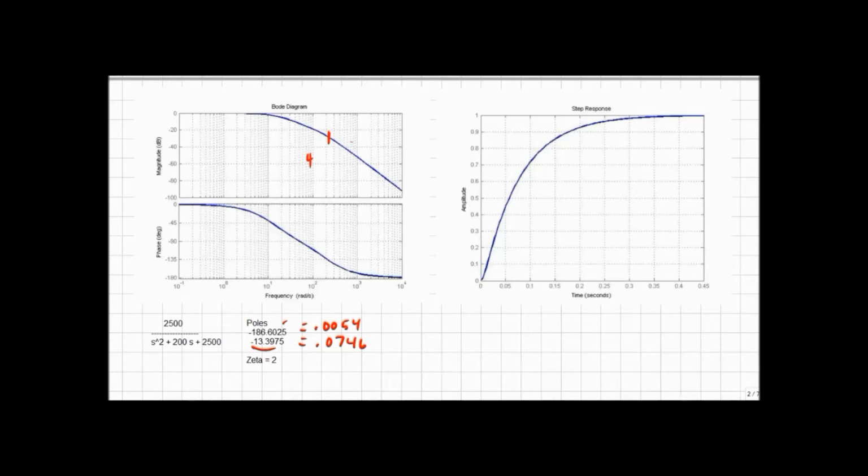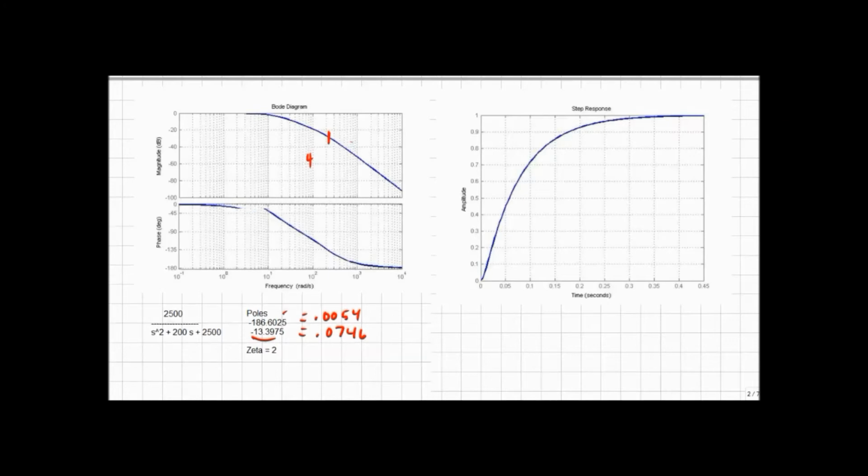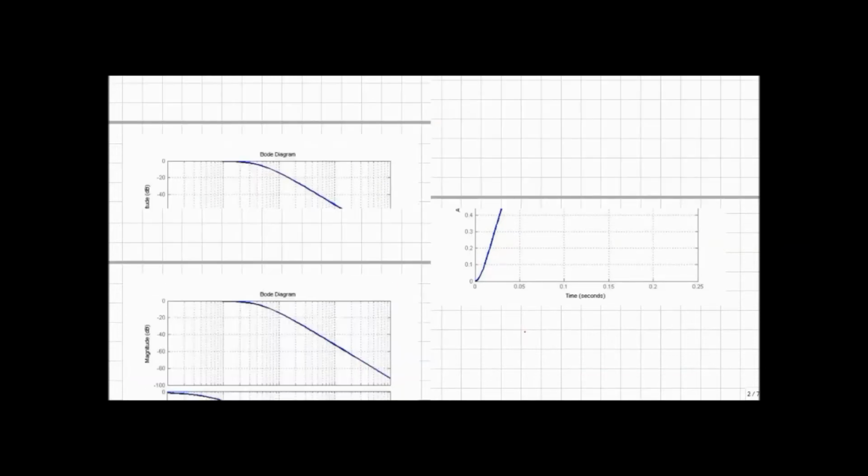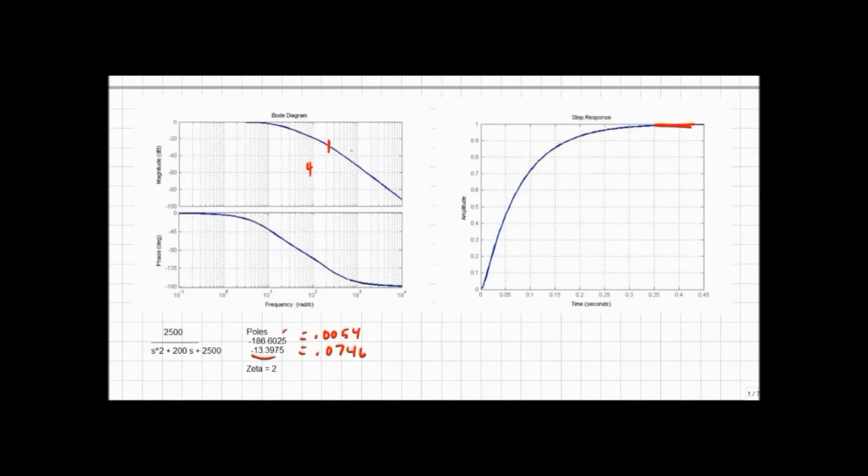So, let's move on. Let's reduce our damping to 1. And now I have two real poles. The magnitude, again, K equals 1, because my step response went to 1, and this omega 0 is equal to 0.